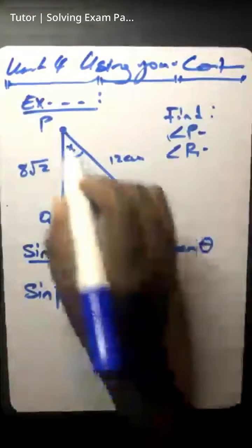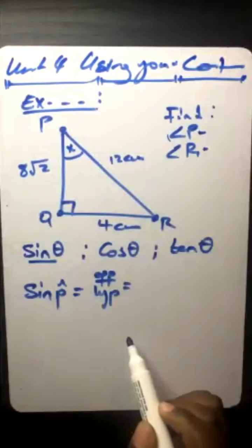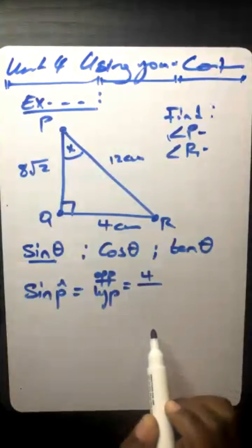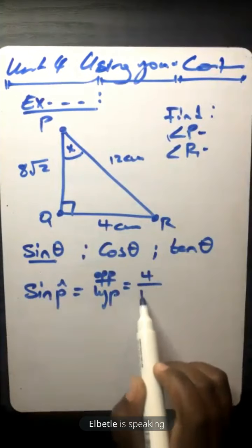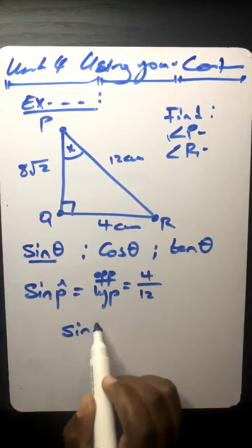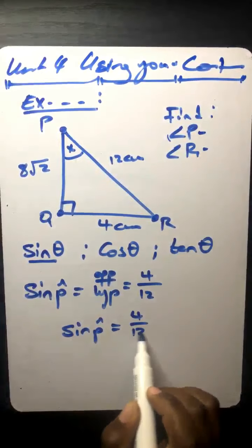According to this triangle, focusing at angle P, what is opposite? 4 centimeters over 12 centimeters. So sine of angle P equals 4 over 12.